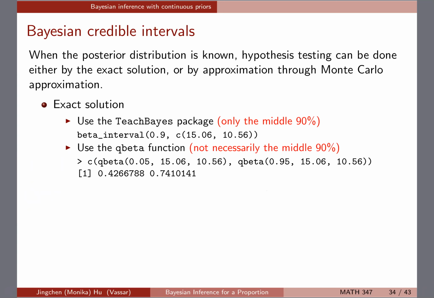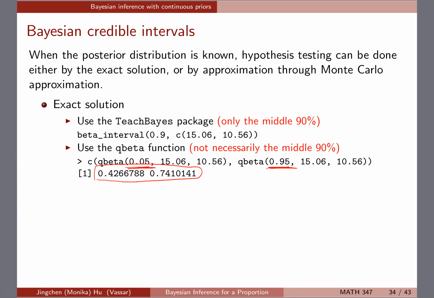You can see that if you want the middle 90% from qbeta, you leave 5% on the left and 5% on the right, and you get a result pretty similar to what the beta_interval function returns.